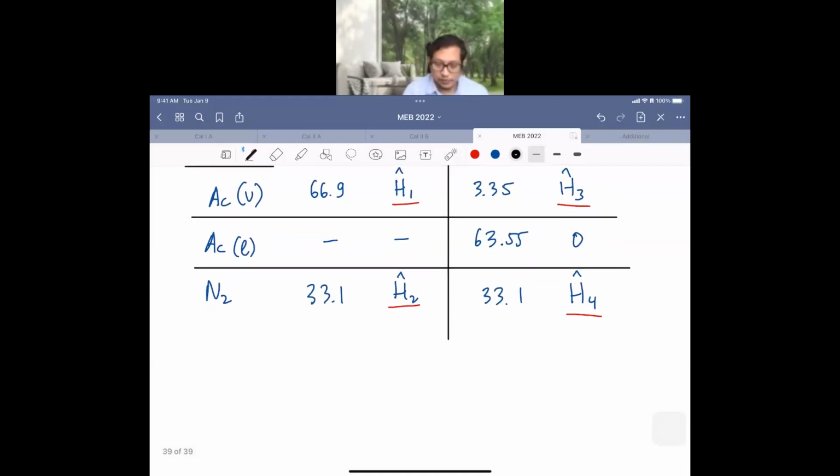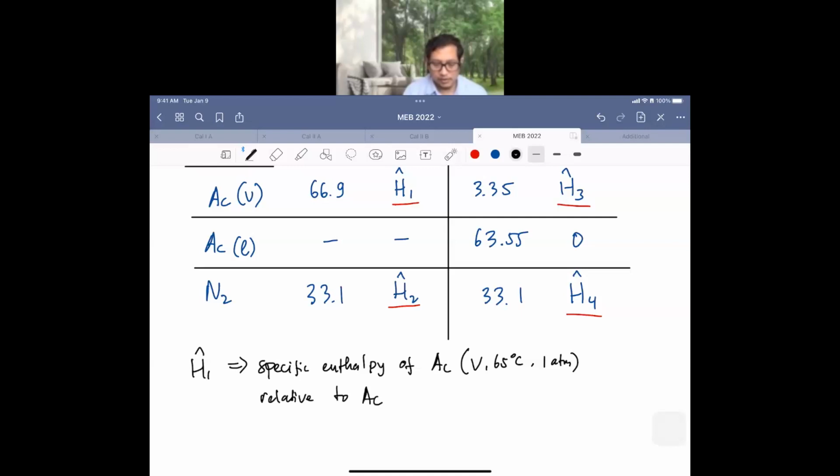But let me just write the H1. This is the specific enthalpy of acetone vapor at 65 degrees Celsius and 1 atmosphere relative to acetone liquid at 20 degrees Celsius, 5 atmosphere, since that is our reference state.